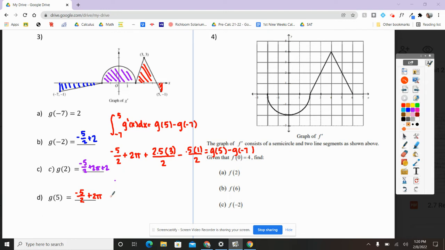This one would end up being 7.5 over 2. And 0.5 divided by 2 is minus 0.25. I said I wasn't going to simplify, then I started simplifying, but whatever, plus 2. So all of them should have this plus 2 just because of that g of negative 7.